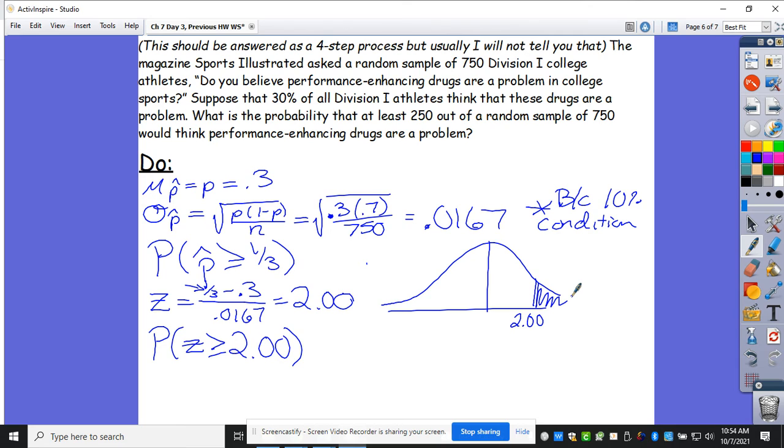And I get an area of what with 2.0? What do I get with my area? Because I have it with 1.99. But you do 1 minus that. If you did it with 1.99, you get 0.0233, which is going to be even different if you use a different z-score.